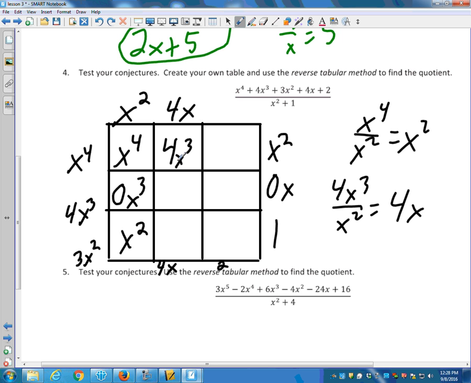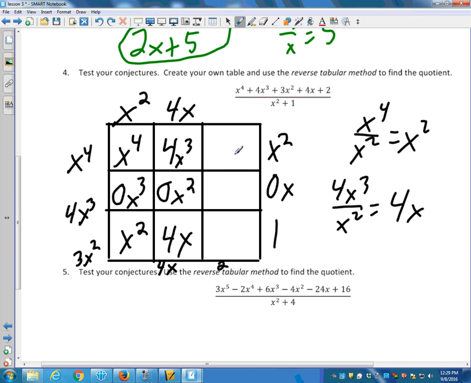And that's the second term of my answer. And now fill in your column. This is 0, and again, I like to put x squared there just to know that my placeholder is there. And this is 4x. And you're going to see these patterns are always consistent, that the exponents are going down by 1. The diagonals are always common like terms. It's all pretty cool when you get done.